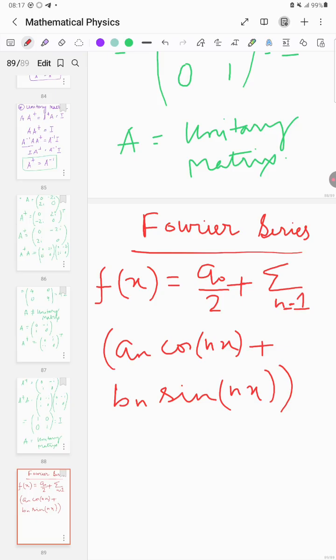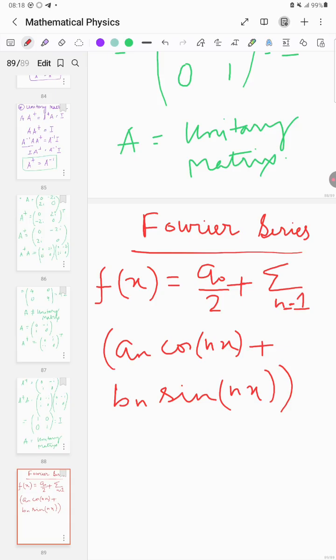We will define what a naught is, what an and bn are, and what sin nx and cos nx are. At a glance, the series is a naught by 2 plus the summation over n of an cos nx plus bn sin nx. So this is how a Fourier series looks.